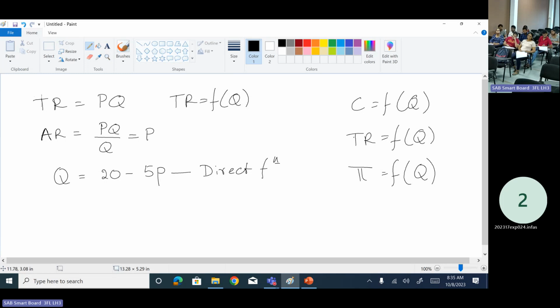Now here it explains the quantity demand. The direct function is the quantity demanded as a function of the price of the product.